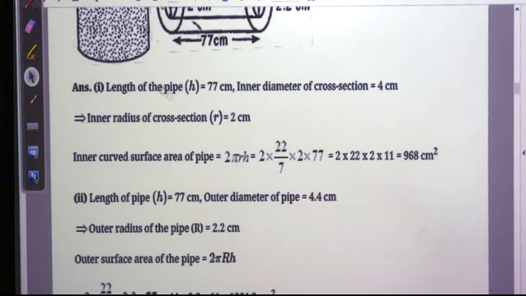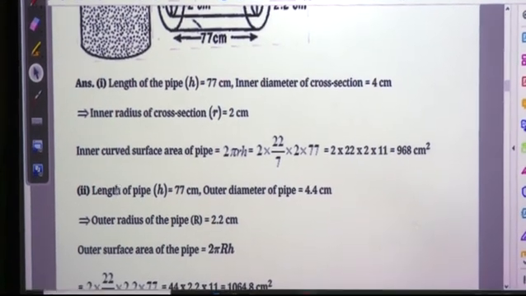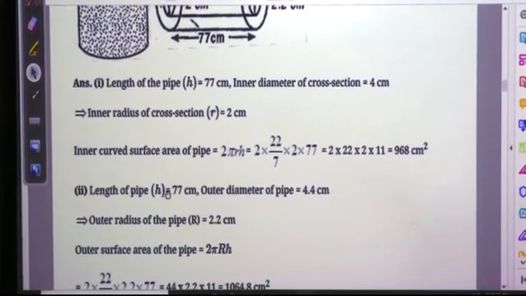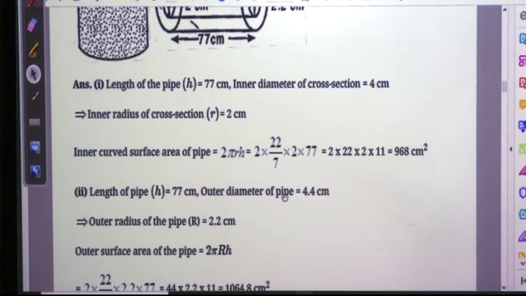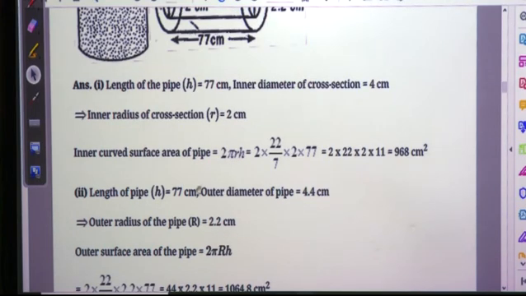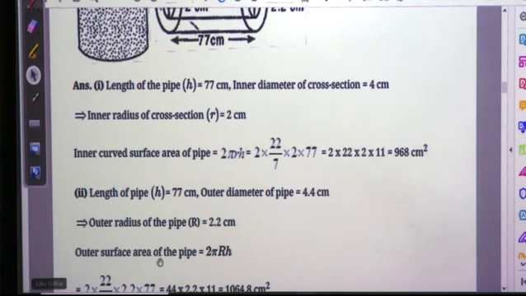Next part of the calculation, length of the pipe, that is H, is equals to 77 centimeter. Outer diameter of pipe is equals to 4.4 centimeter. Therefore, outer radius of the pipe is equals to 2.2 centimeter. Outer surface area of the pipe is 2 pi RH.